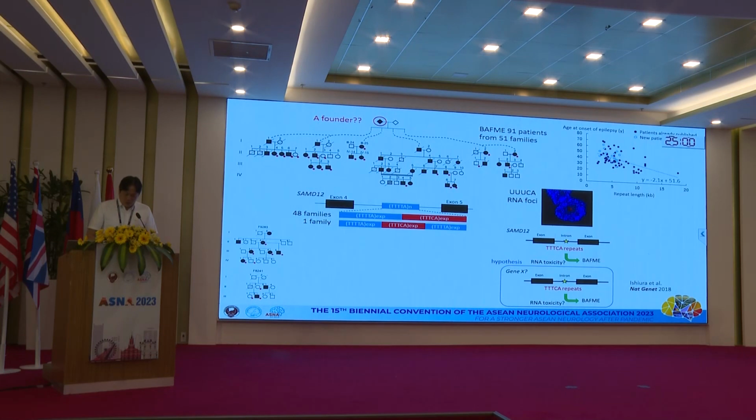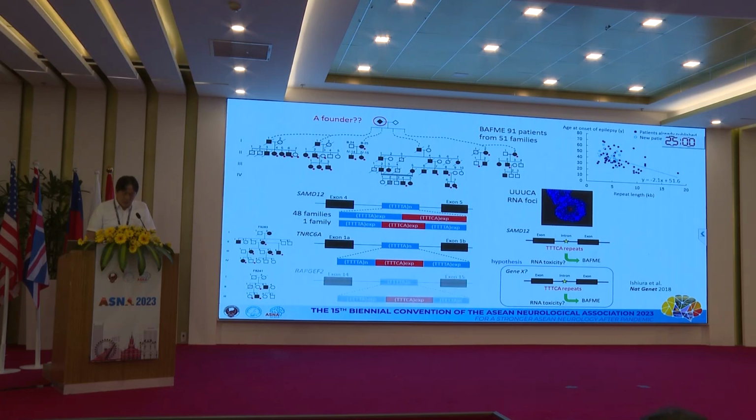This hypothesis was correct. We found insertion of a TTTCA repeat in an intron of TNRC6A in the upper family, and insertion of a TTTCA repeat in an intron of RAPGEF2 in the lower family.